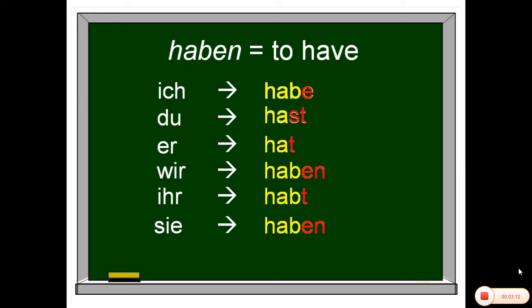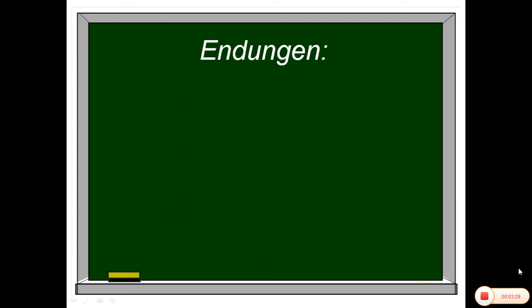Ich habe, I have, du hast, you have, sie hat, he, she, it has, wir haben, we all have, ihr habt, you all have, Sie und sie haben. So haben is another important verb which we are going to need very often.